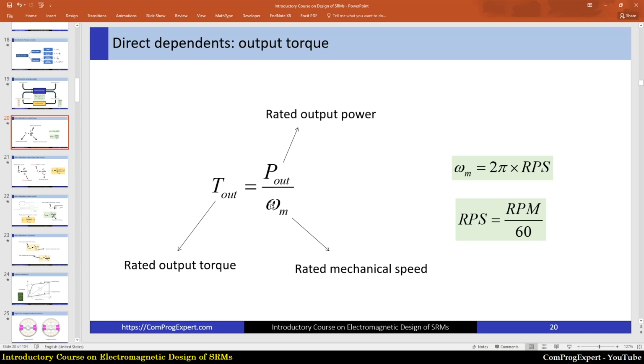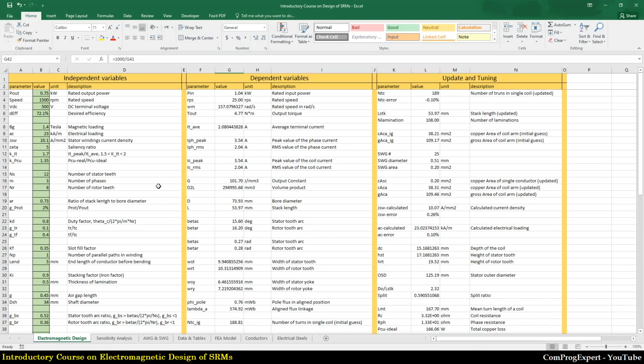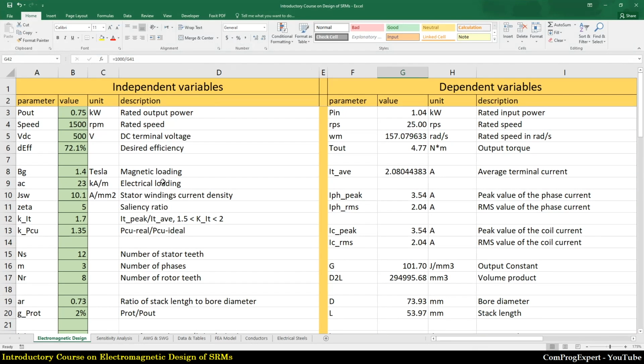This is the angular mechanical speed. Omega m is equal to 2 pi times RPS, and RPS is equal to RPM divided by 60. So this is the output power of the motor, and this is the RPS, RPM divided by 60.